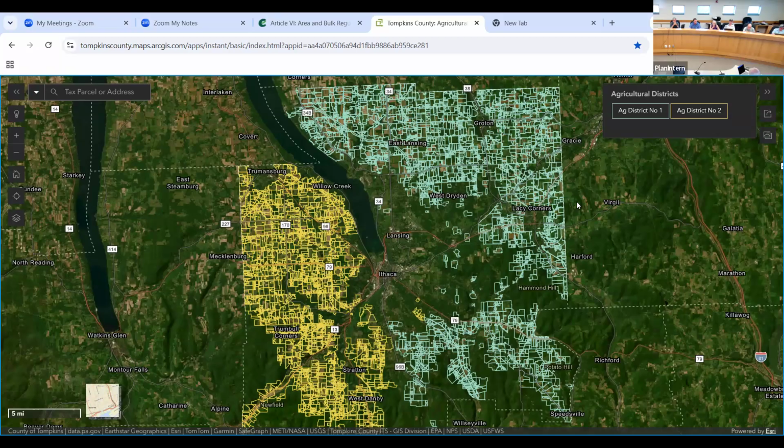DEC protected wetlands, yeah. Buffers. And buffers, right. That makes sense. Certainly a lot easier than the wording that's there now. Yeah. Very straightforward, easy to enforce, easy for the ZBA to interpret.